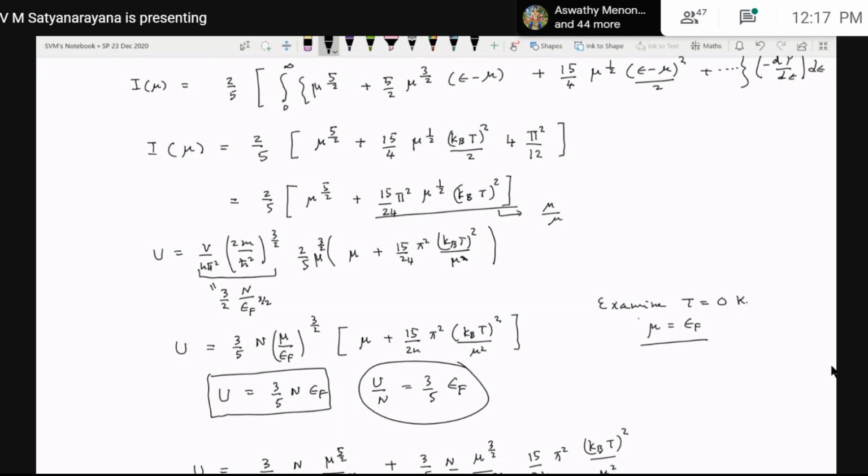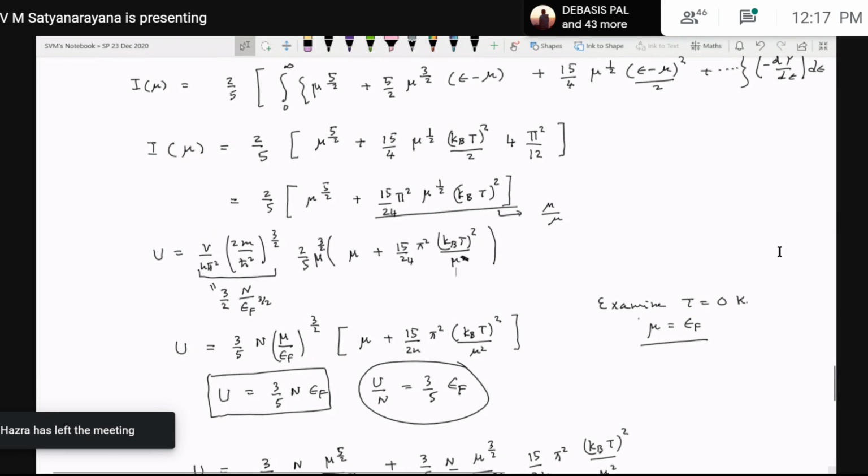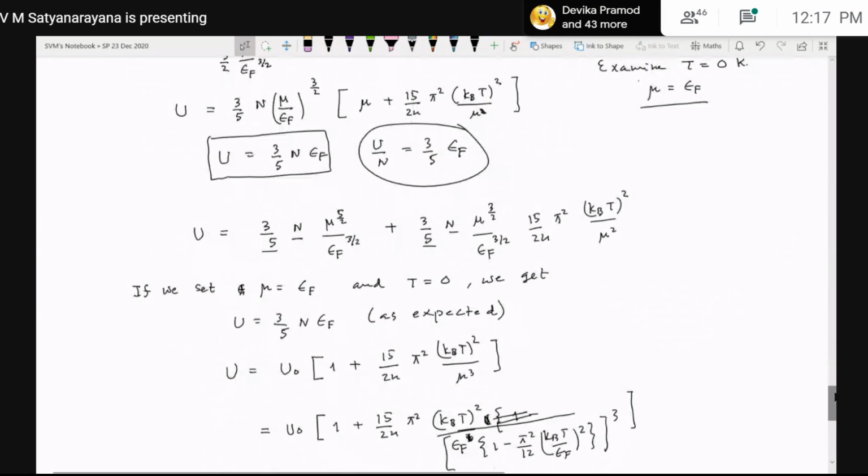So this is not mu square, this is simply mu. So we have to change this everywhere. As a result, this becomes mu square.